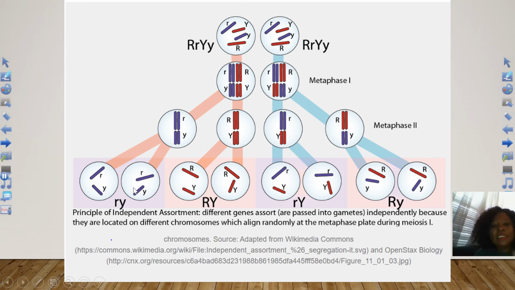So what we are saying is that random arrangement produces variation. The assortment, when they move to the opposite poles during anaphase 1 or anaphase 2, doesn't result in variation. So please note that when you are asked about the sources of variation, it is not random assortment. We say it is the random arrangement of the chromosomes at the equator.